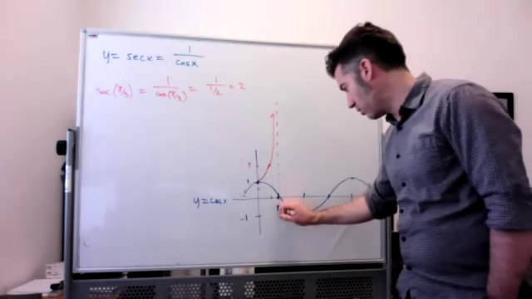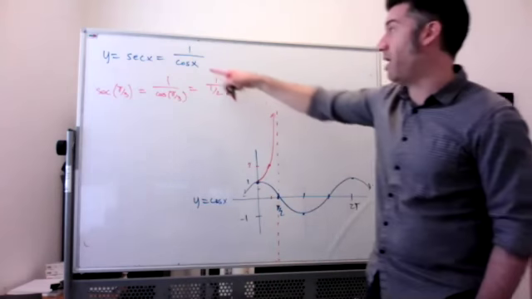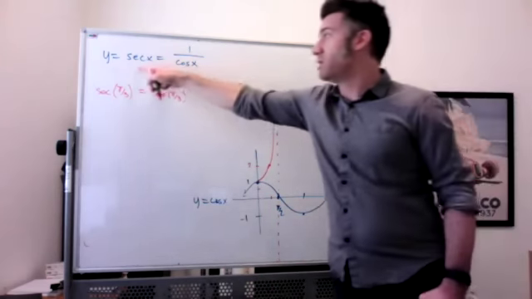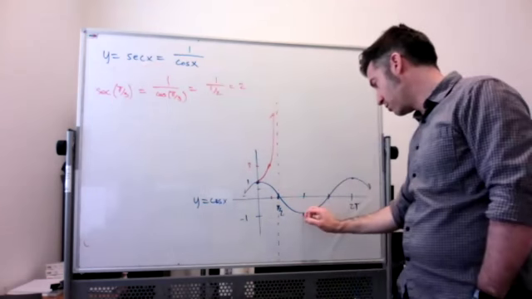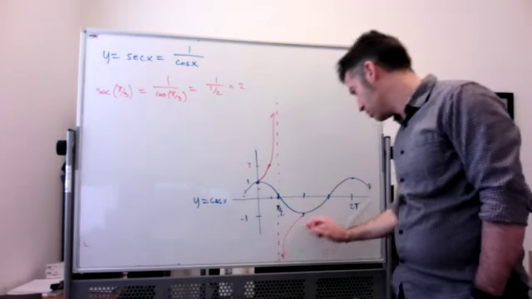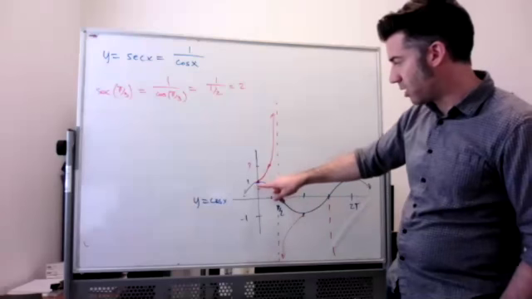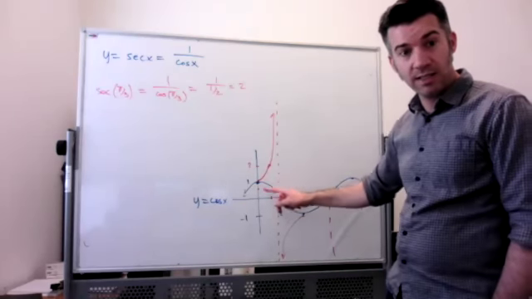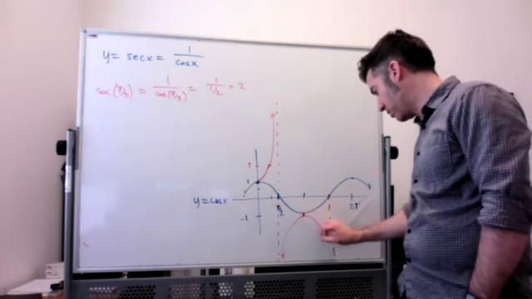And the same is true over here too. So over here at pi, when cosine of pi is equal to -1, secant of pi is going to be 1 divided by -1, which is -1. And so the same sort of thing happens. So basically, as cosine moves closer to the x-axis, secant moves away from the x-axis to a vertical asymptote.